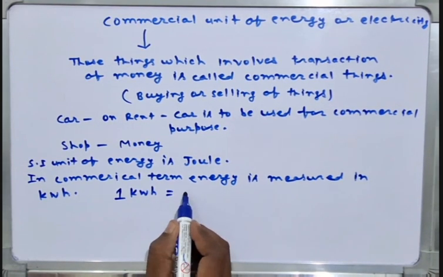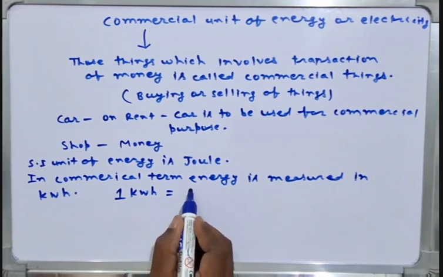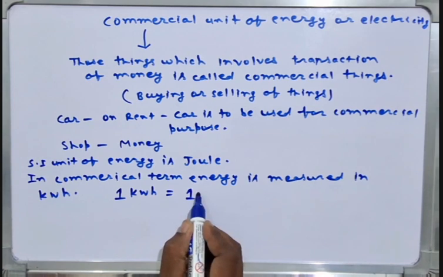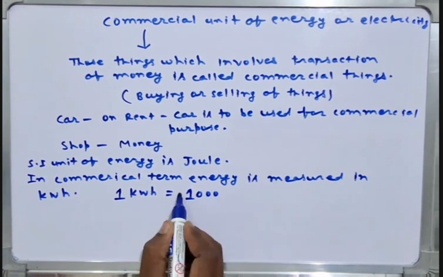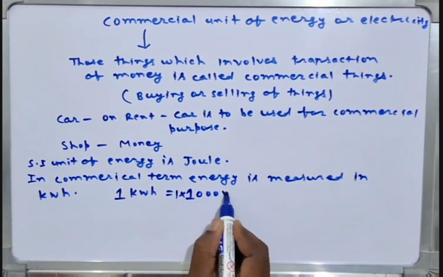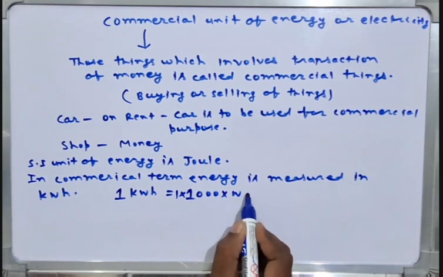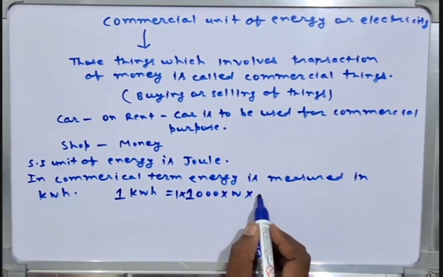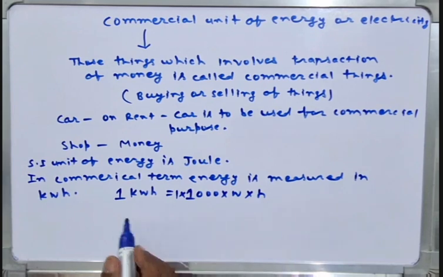You know guys, kilo means 1000. So 1000 into 1, this is in watt, and H is hour.